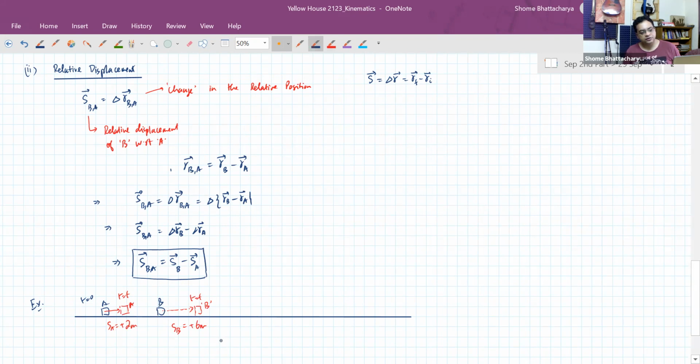Then the displacement of B with respect to A becomes how much? It becomes plus 4 meters. And the displacement of A with respect to B becomes minus 4 meters. This result that you understand quite easily from the diagram is a result of this definition. In one-dimensional vector form, this is plus 6 minus plus 2, so that's how it becomes plus 4.